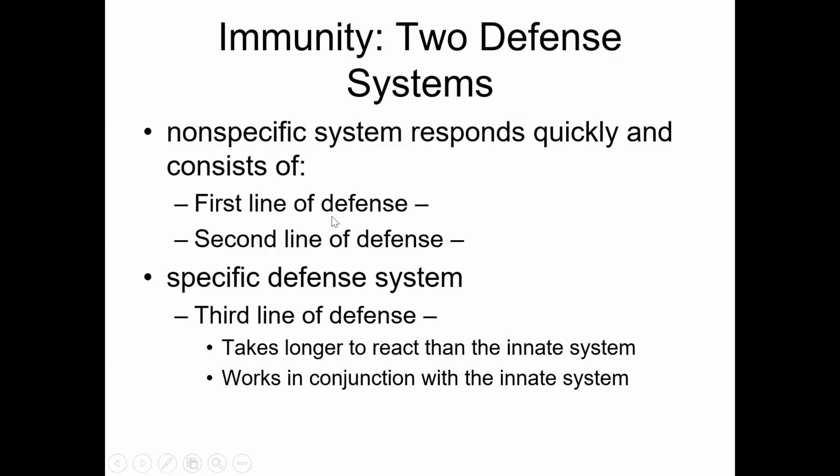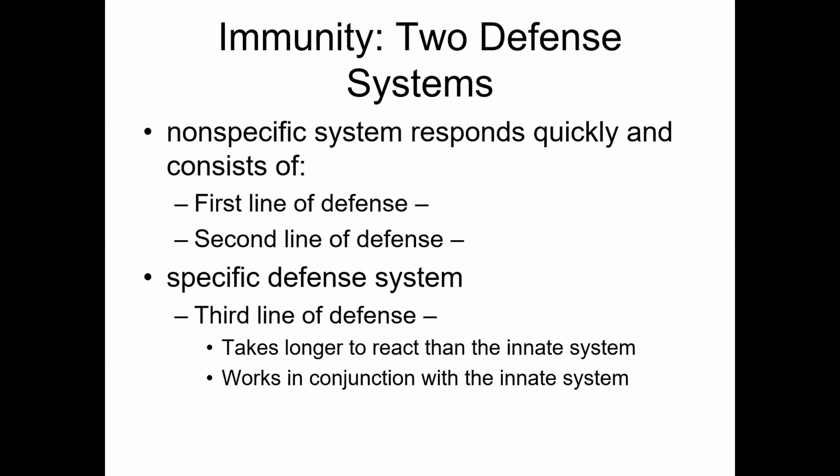Okay, so the non-specific or innate defenses have two parts. The first one is called the first line of defense, which is the body surface. For example, your skin covers the whole body and prevents foreign antigens from getting into your internal systems unless you have a cut.